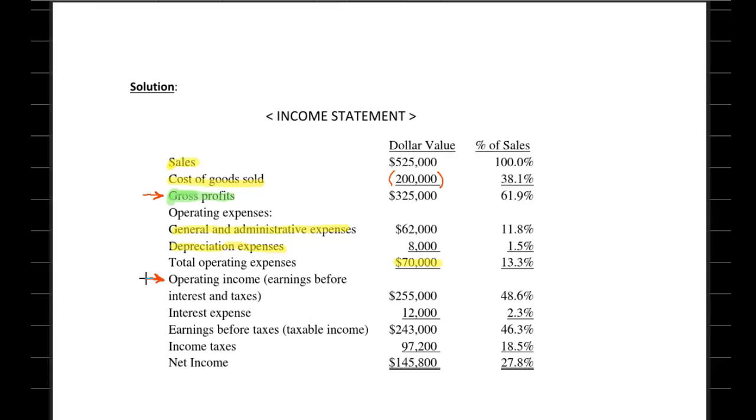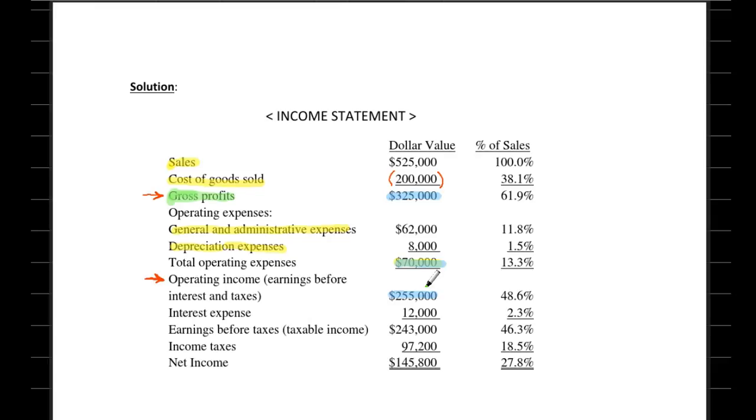Sometimes another term is used, earnings before interest and tax, to represent the operating income figure. That figure is the difference between gross profit, which was $325,000, and total operating expenses of $70,000, which provides us with $255,000.